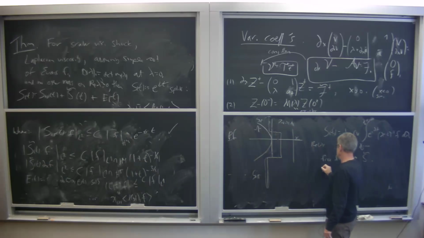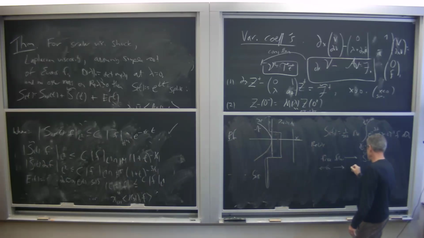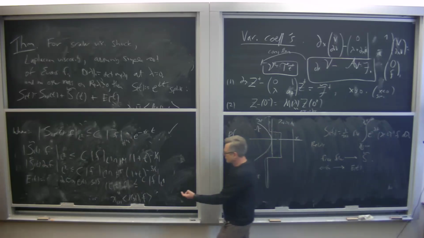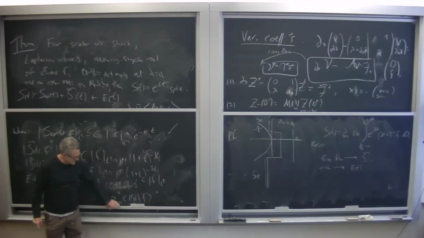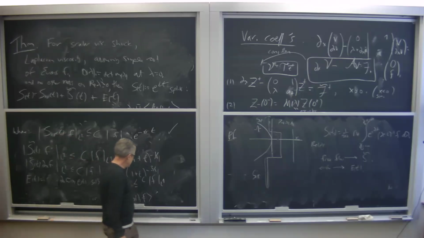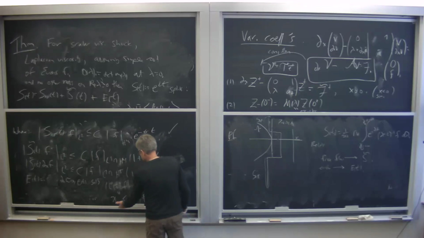The error function goes to E. And what have I discarded? I've discarded something that is confined. This should really be in there, but for strategic reasons, I wanted to start at 0. So I put this in. But what is this?